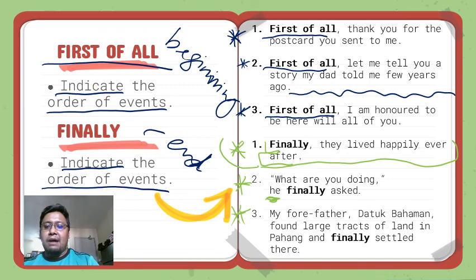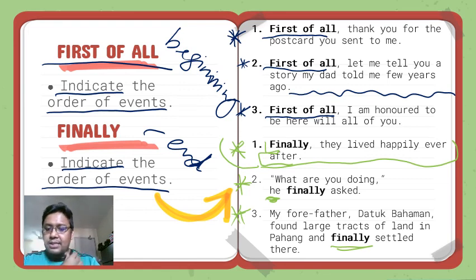Now number 3: My forefather Datuk Bahaman found the last tract of land in Pahang and finally settled there. Actually I cannot see the sentence here because it is blocked by my own view. I have to change the view so then I know.